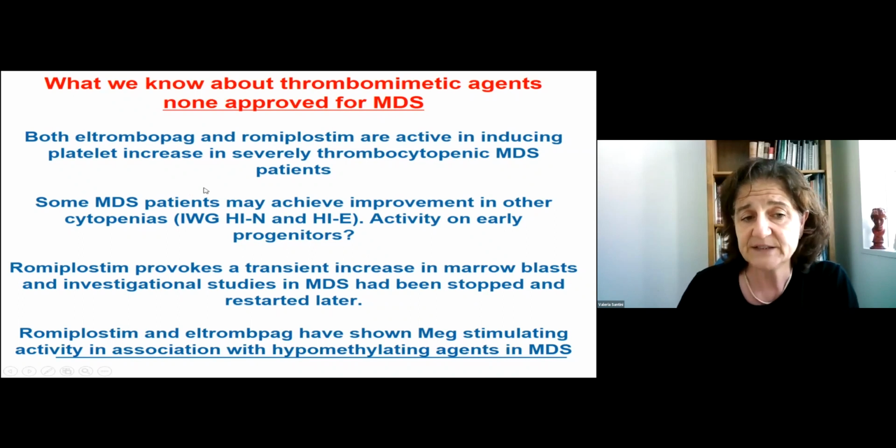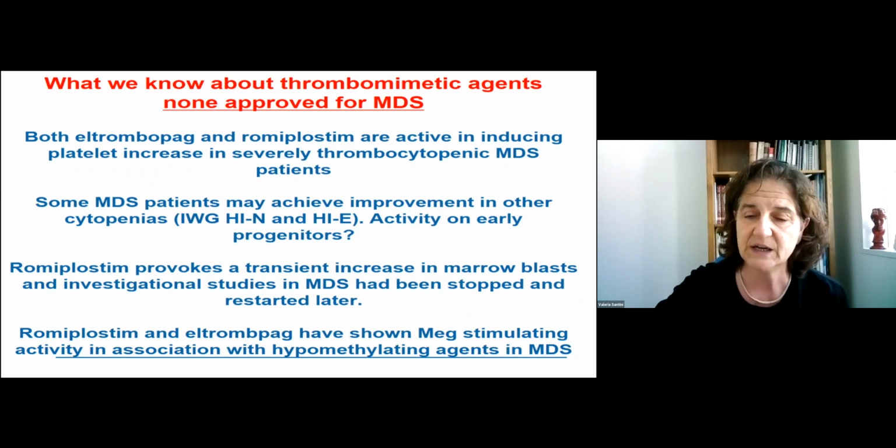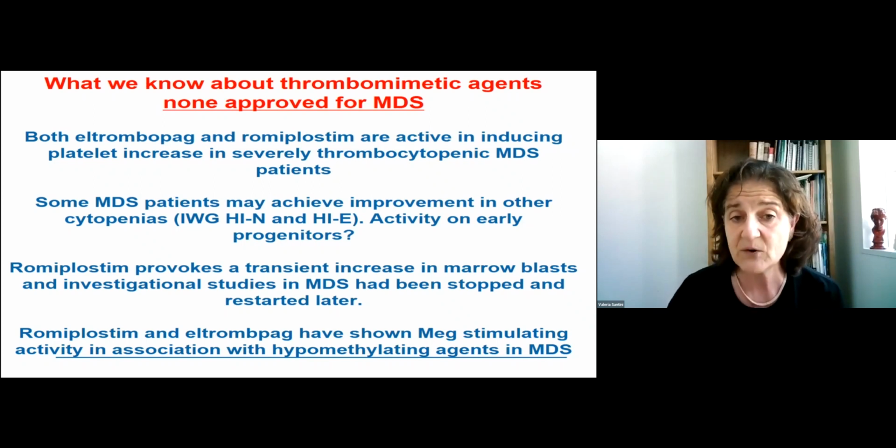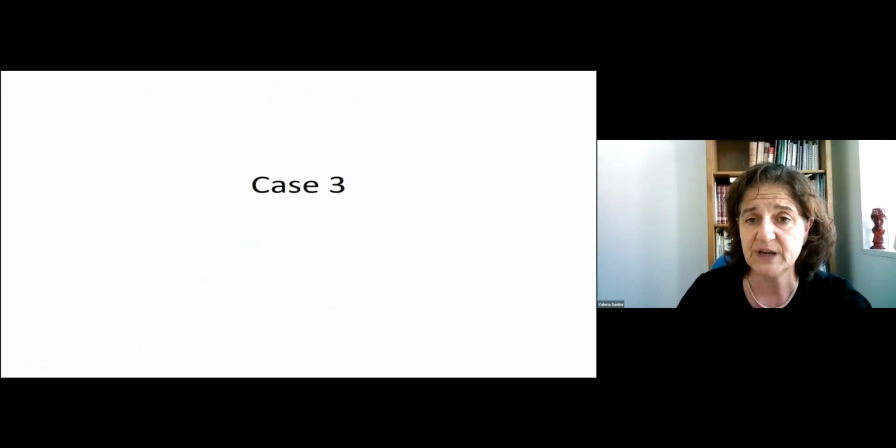They are both active. They may indeed stimulate early progenitors because they can induce an increase in neutrophils and in red blood cells. Romiplostim has shown a transient increase in blasts in the bone marrow, and both drugs may have a role also in association with HMAs, but there are only some studies in higher risk MDS.